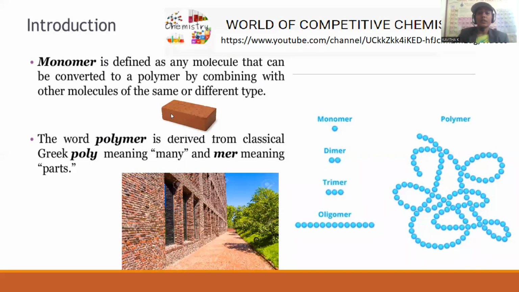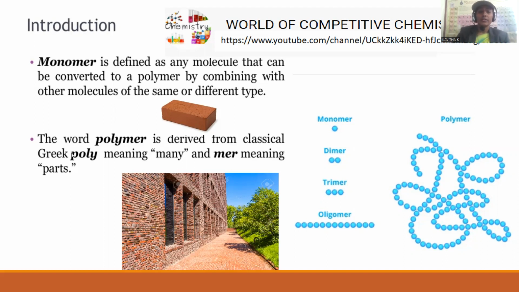Let us assume a monomer is a single brick. These bricks are arranged in a sequential manner in a particular order so that a big building can be constructed. In this way, we can say the monomer is the starting unit. It is a confined unit which can be arranged sequentially in order to construct a complex polymer. That kind of fundamental unit is designated as a monomer.